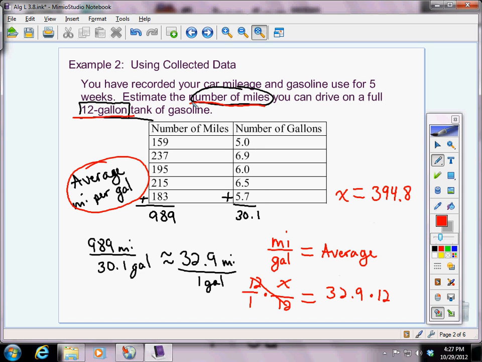X tells us the number of miles. So this means we're going to travel approximately 395 miles on a 12-gallon tank of gas. Again, it's just an average, but we collected this data, figured out our average miles per gallon, and then set up an equation to figure out the total number of miles. Think through your problems. Recognize what information we've been given and what information we need to solve for.